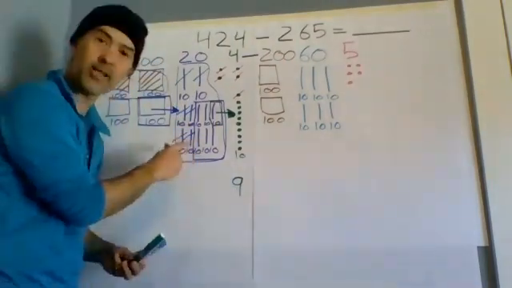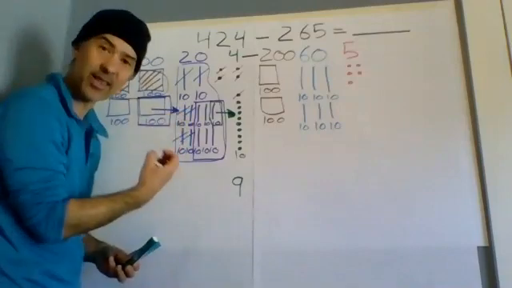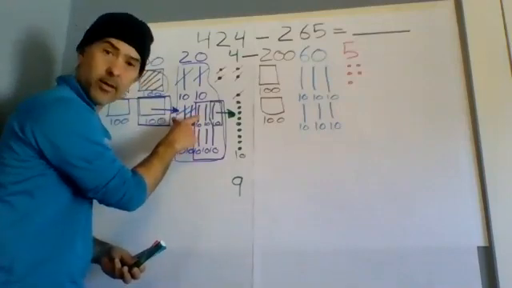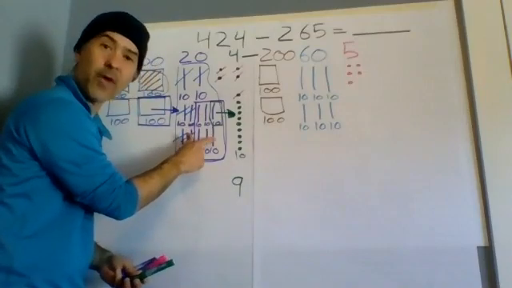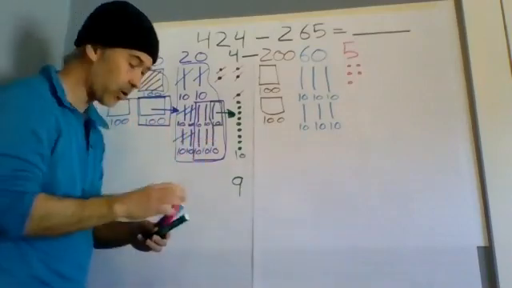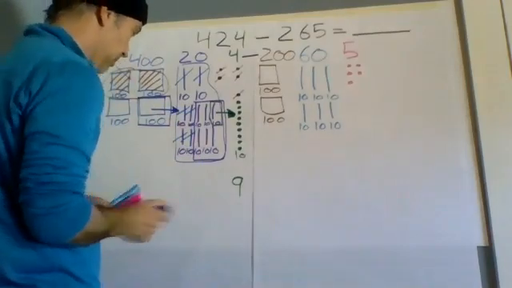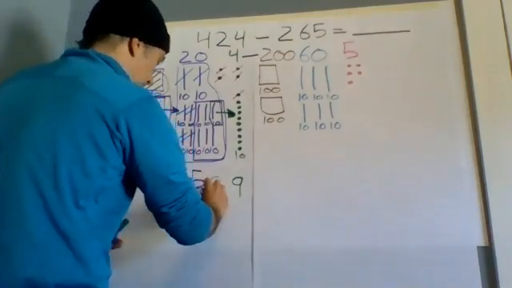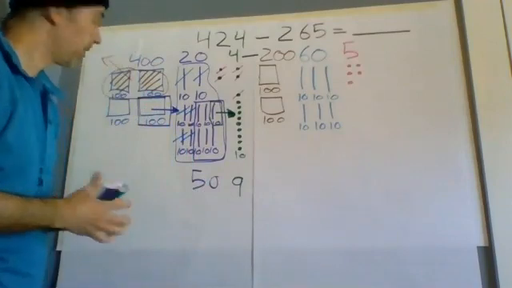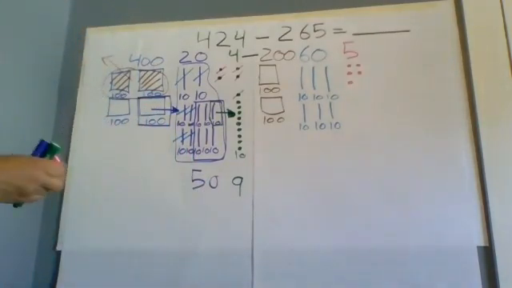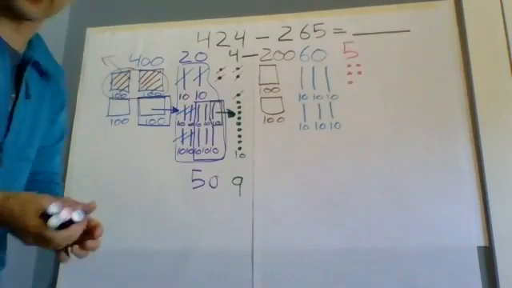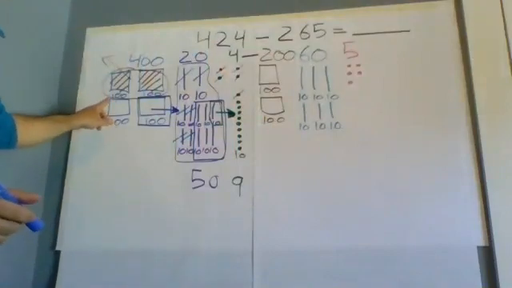Now let's go back to our 10s. How many 10s am I left with? 1, 2, 3, 4, and 5. 5 10s equals 50. Now look over at our hundreds, okay? How many hundreds do I still have? How many groups of 100? 1.